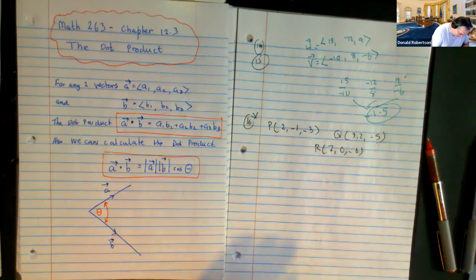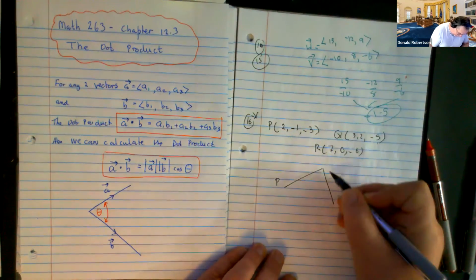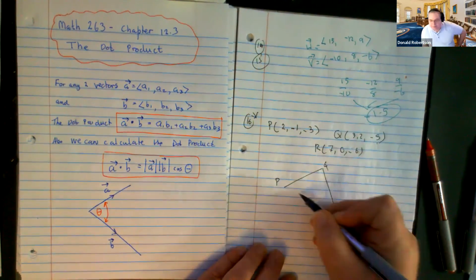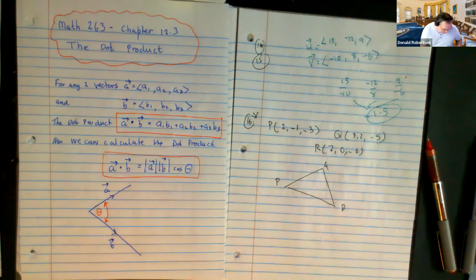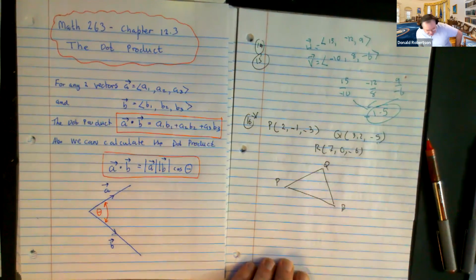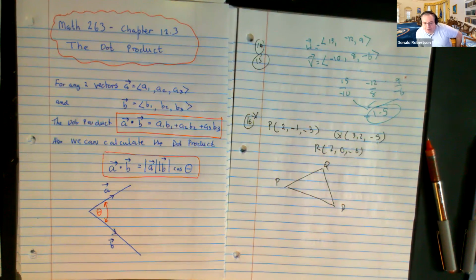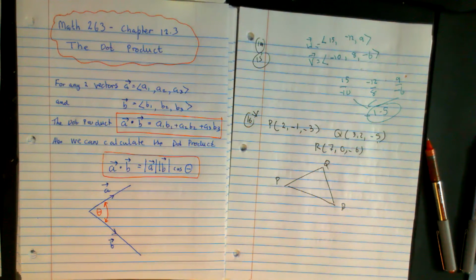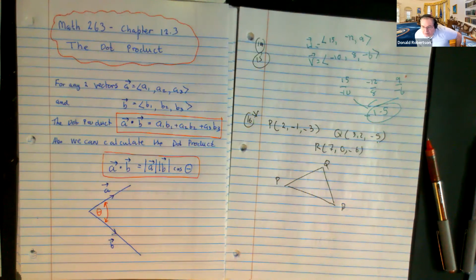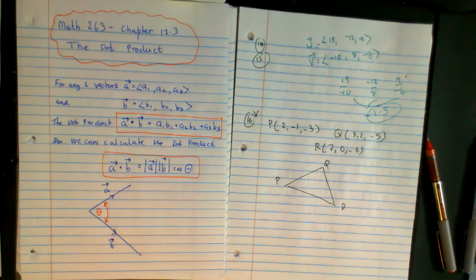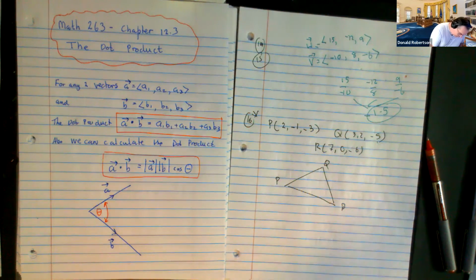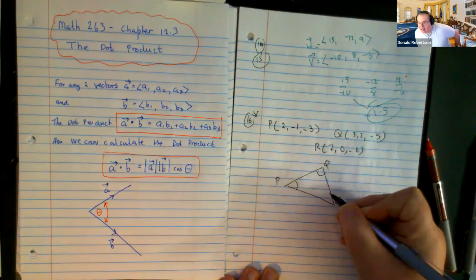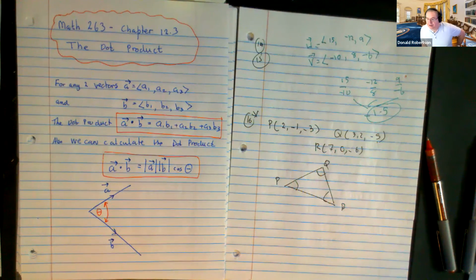So you imagine this is P, this is Q, and this is R. Pay no attention to the shape, it's just the way the triangle appeared. How could you prove or disprove that this triangle is right angled? Find the angle of Q. Say again? Find the angles, or two of the angles. Aha. So couldn't you find this angle, this angle? I guess you could find all three. If any of them are 90, wouldn't that be right angled then?